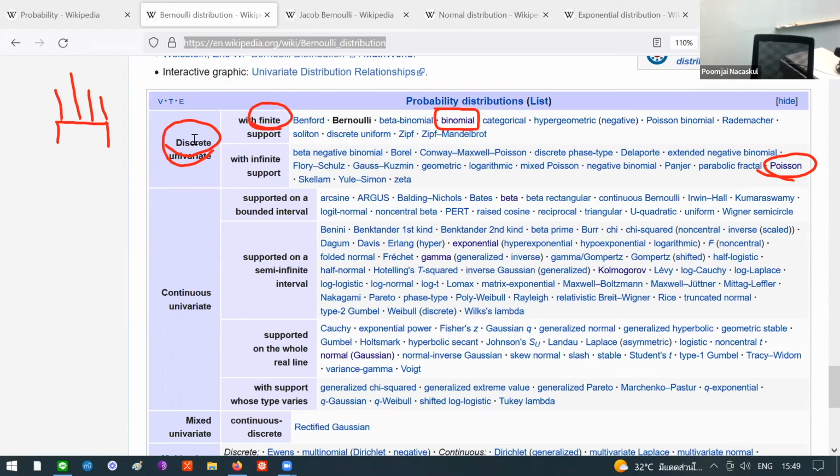Now, this one is on a bounded interval, but continuous. Continuous means it's not at a point, right? It's a continuous number. So if it's bounded on both sides, the most that you will see is a uniform.